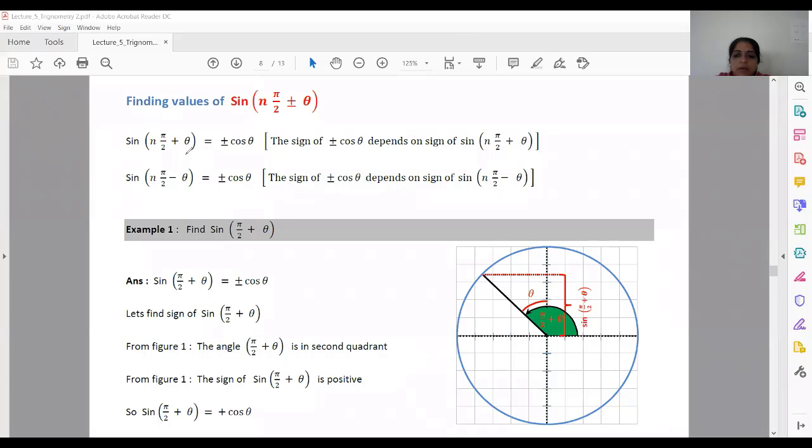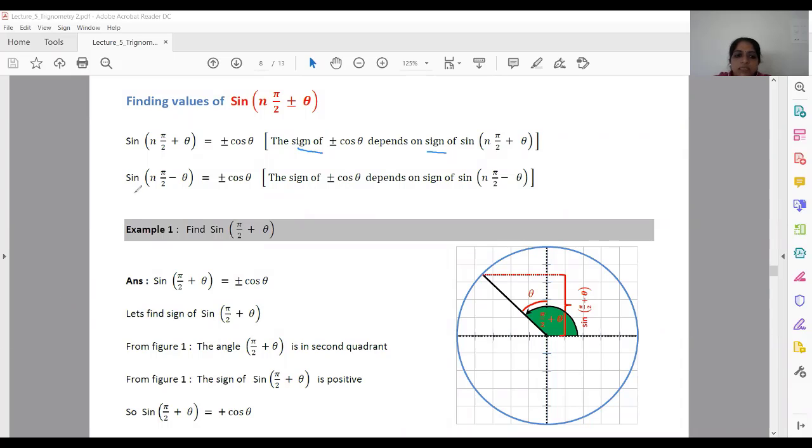sin n pi by 2 plus theta gives plus or minus cos theta, and the sign on the right hand side depends on the sign of the left hand side, that is sin n pi by 2 plus theta.